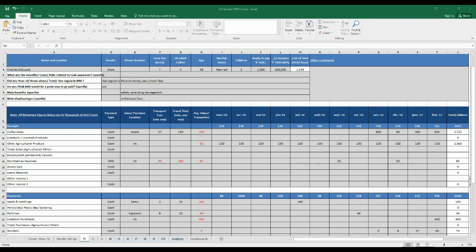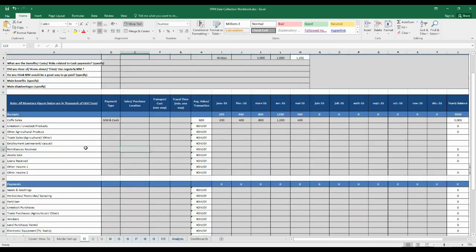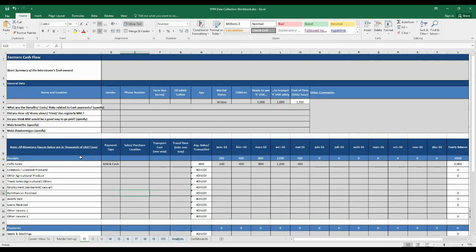So going back to the data collection sheet, the way it works is that you could print these sheets on A4 papers, give them out to enumerators, and then maybe one person would be responsible for entering all the data from the papers into these data collection workbooks.